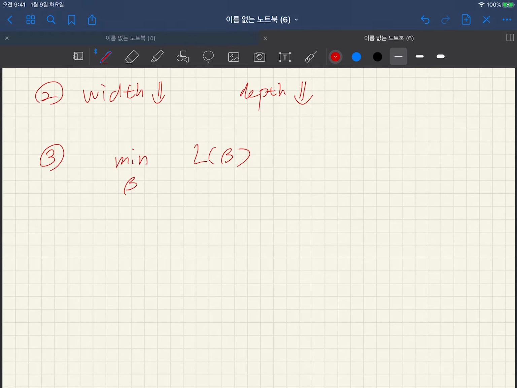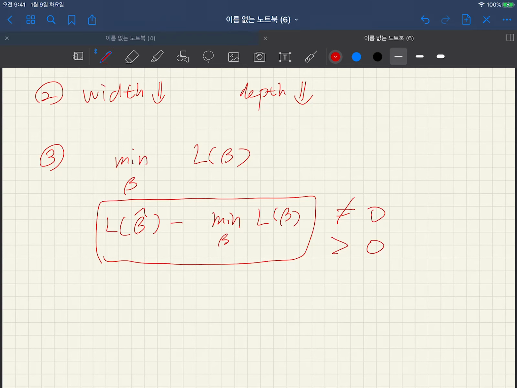Okay, but this optimal point can have a high generalization gap. So to resolve this issue, we can think of some suboptimal point beta hat such that L(beta hat) minus the real optimal point's minimum L(beta) is not equal to 0, but has some gap. And this optimization gap can decrease the generalization error.